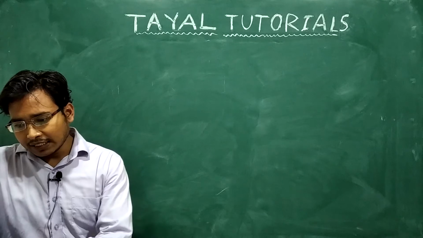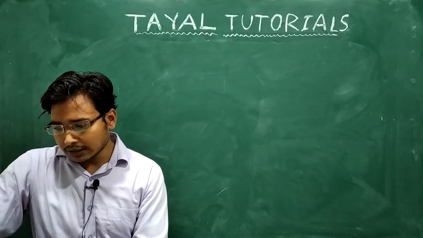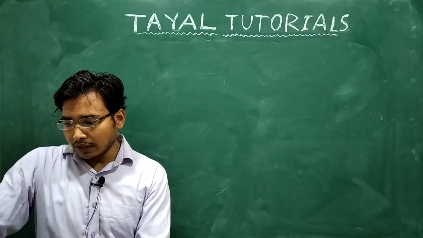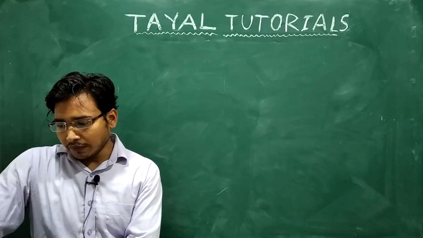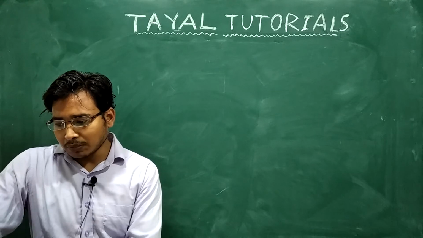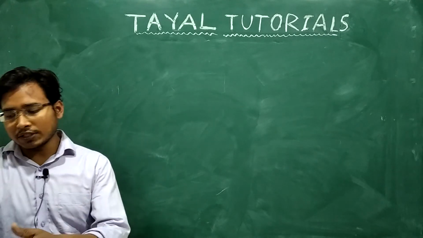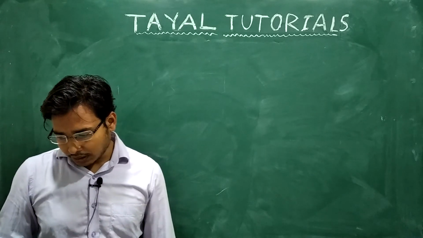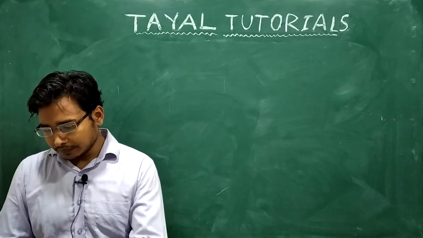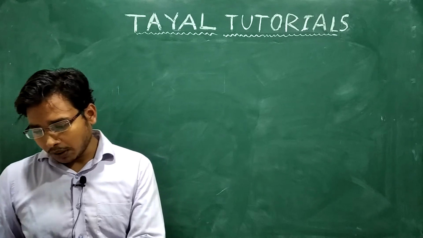The EMF and the internal resistance of the cell are 7 volt and 5 ohm respectively. If the galvanometer resistance is 50 ohm, find the current drawn from the cell. Simple, that is also a Wheatstone bridge, but you have to draw that Wheatstone bridge. That was asked in your NEET 2013. So let's do that problem.